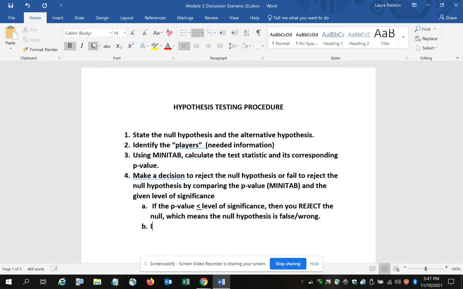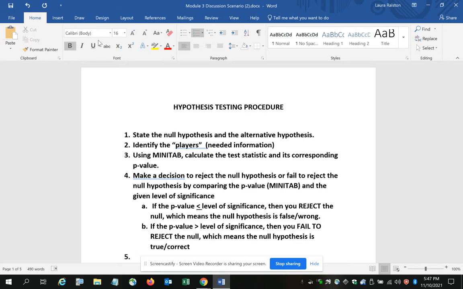If the p-value is greater than the level of significance, then you fail to reject the null, which means the null hypothesis is true or correct based on the data or the information that you have.